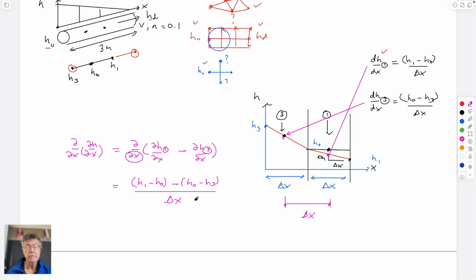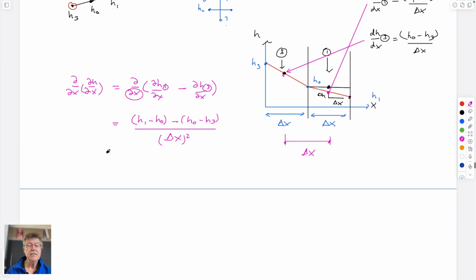This is just delta x. I can't write times x squared, right? So one comes from these two, and one comes from this one. And so if you work that out, then gather terms, you end up with this d2h dx squared, which is what we're after.